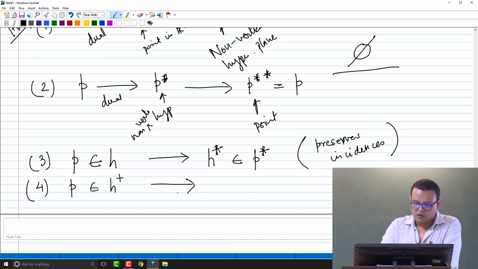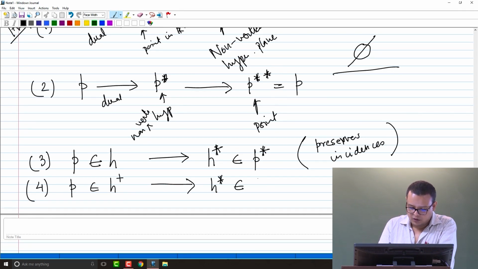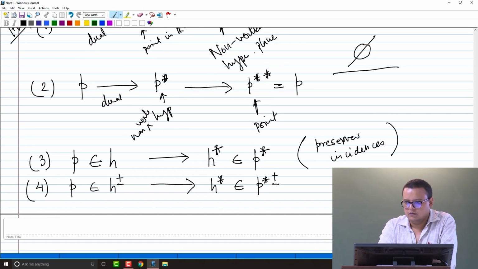Then what do we expect? H star should belong to P star plus. Same with minus. So, preserves the sides.